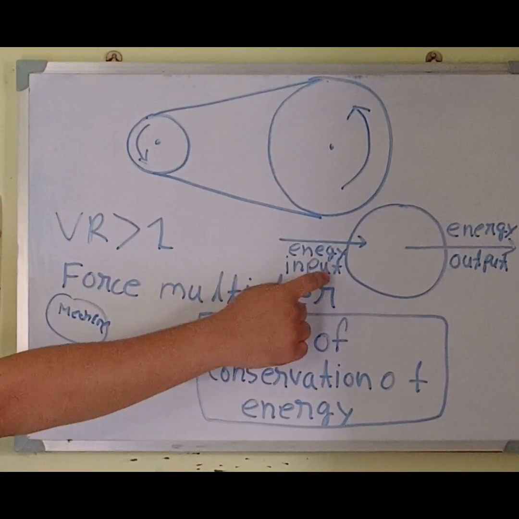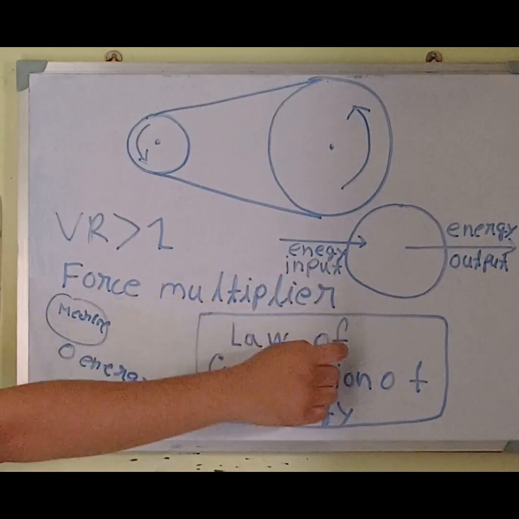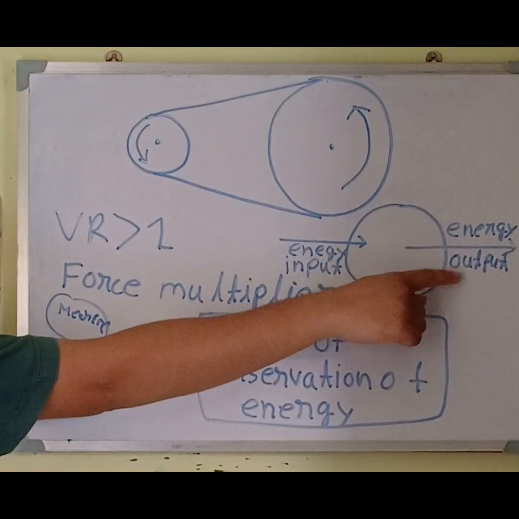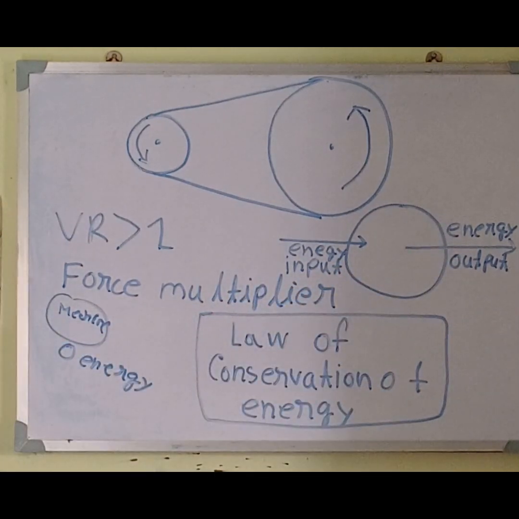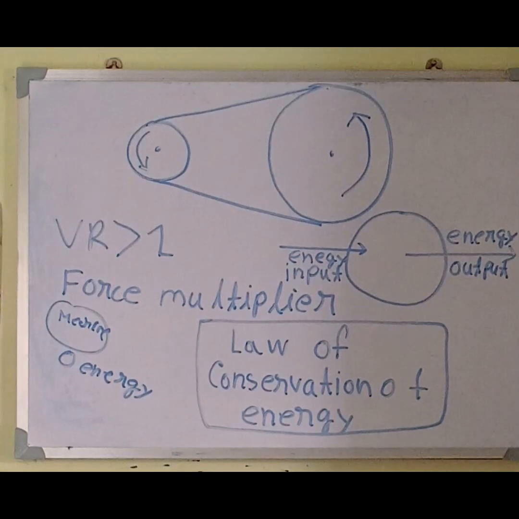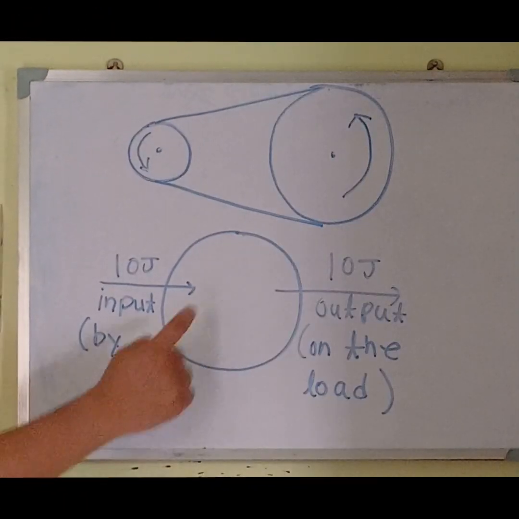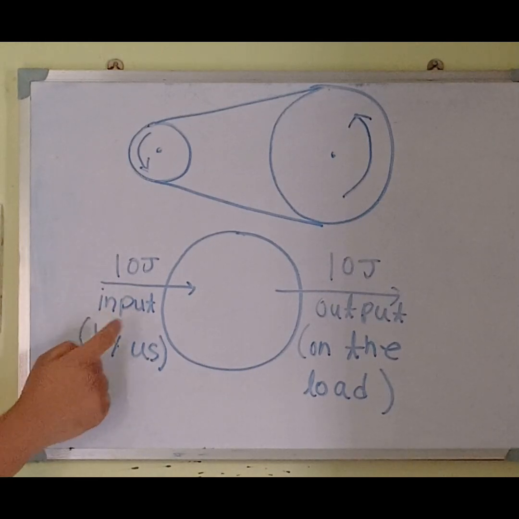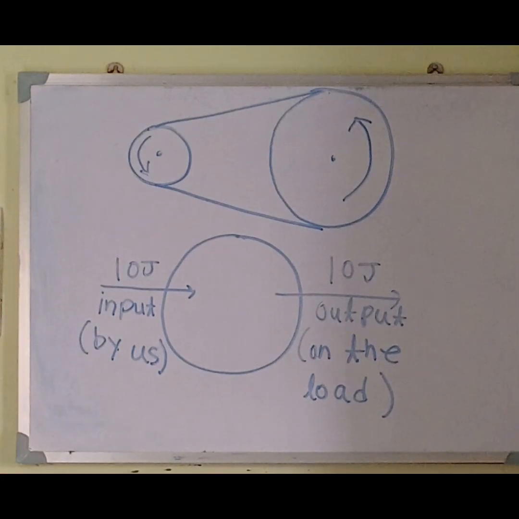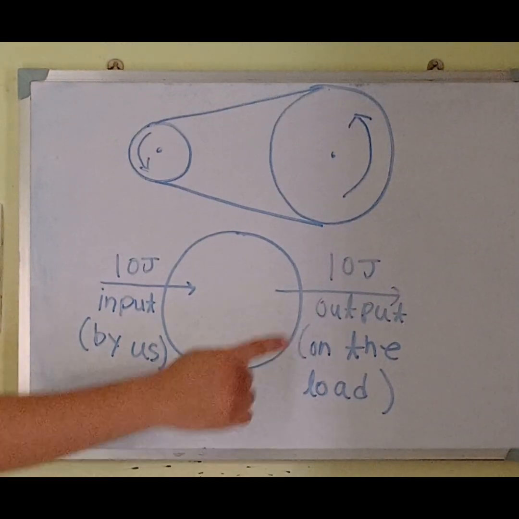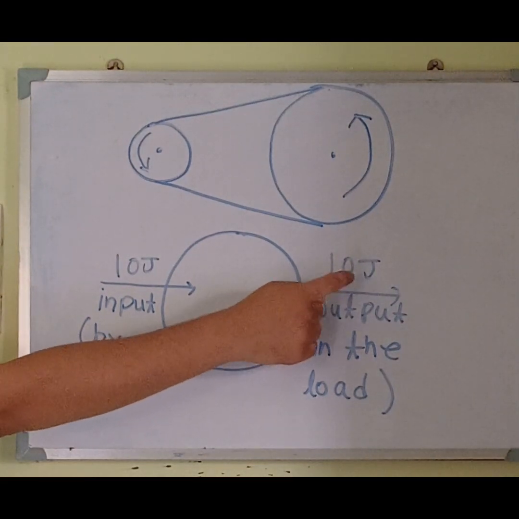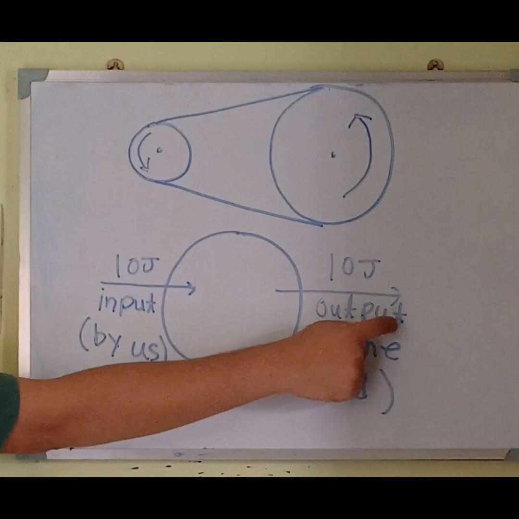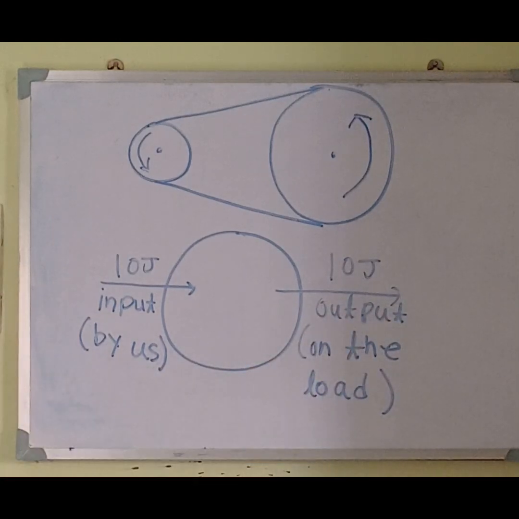That means we have to provide some energy to the machine, and the machine will use this energy to do work or give energy to the load. Suppose there is a machine and I give it 10 joule of energy, or I do a work of 10 joule on the machine, then the machine will also do a work or give an energy of 10 joule to the load.